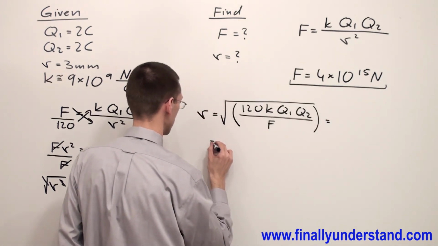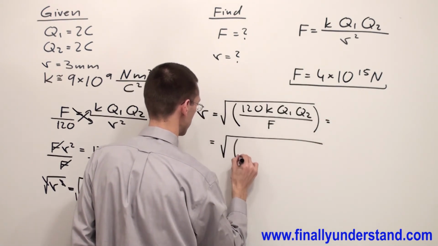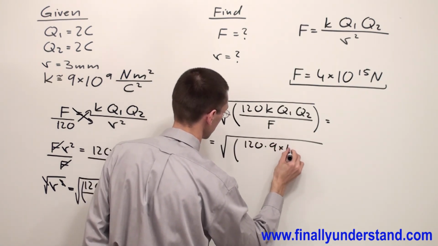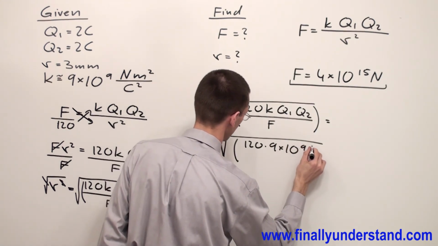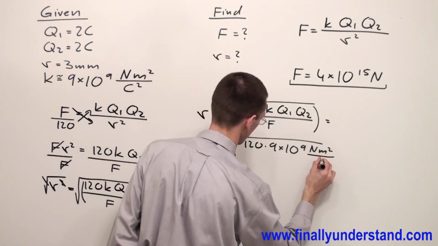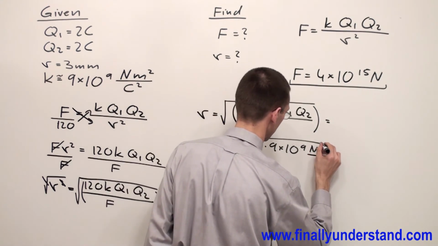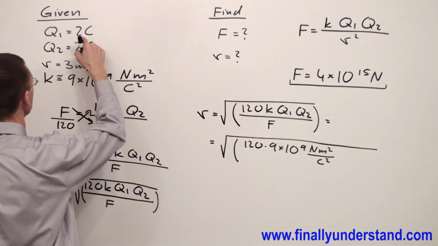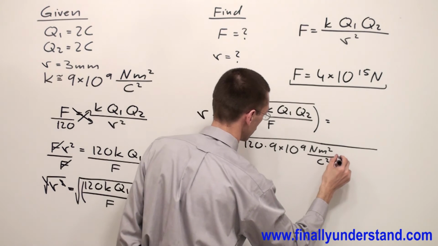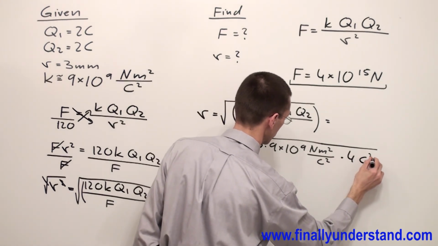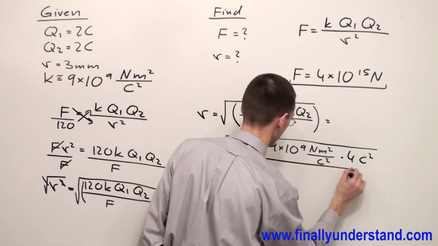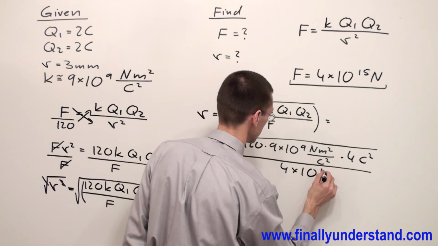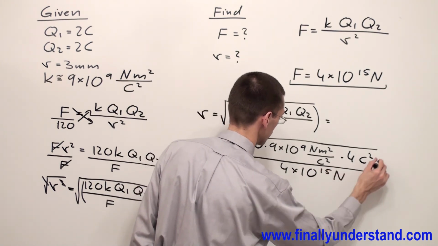This is equal to the square root of 120 times 9 times 10 to the 9th newton meter square per coulomb square, Q1 times Q2, 2 times 2 gives me 4 coulomb square, over 4 times 10 to the 15 newtons.